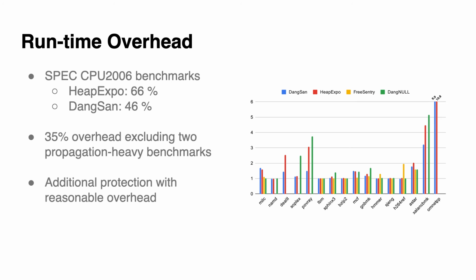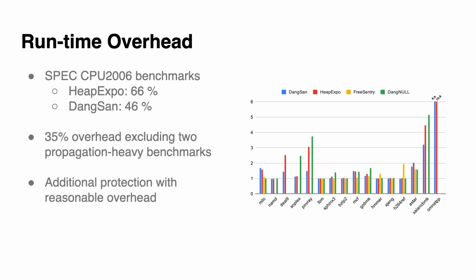In SPEC CPU2006 benchmarks, HeapExpo only has 20% overhead over previous work Dense. And if excluding the 2 propagation-heavy benchmarks, HeapExpo only has 35% raw overhead.